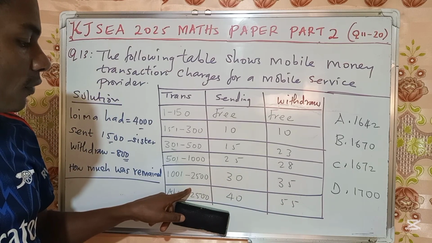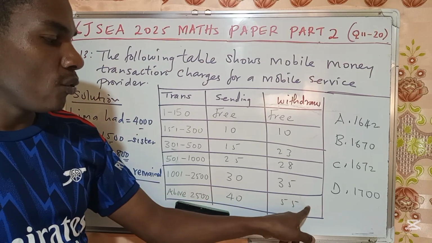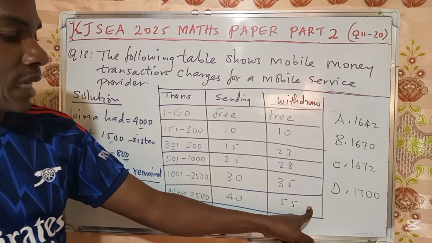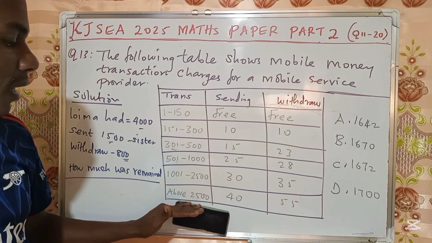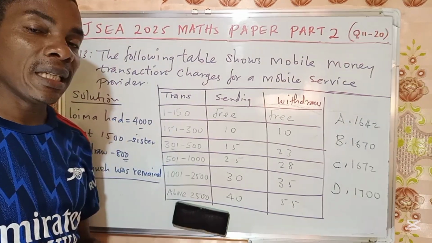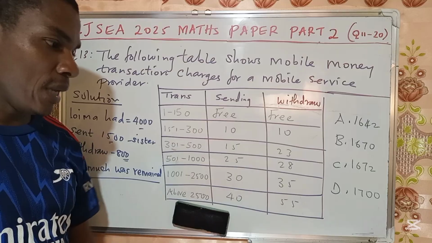Above 2,500, you send the money with 40 shillings, then you withdraw the same amount of money with 55 shillings. So anything above 2,500, that is 2,500, 2,600, 3,000, 10,000, so the transactions remain.